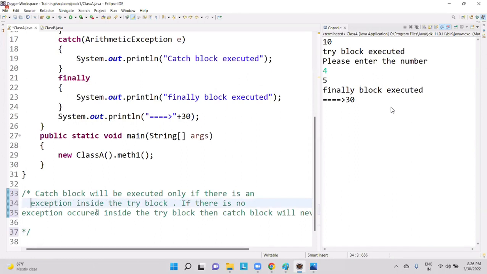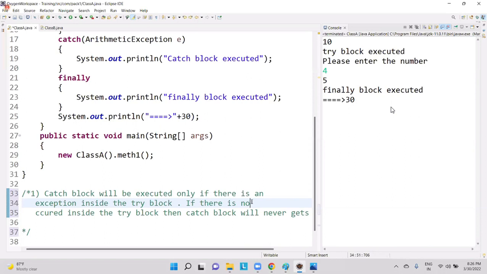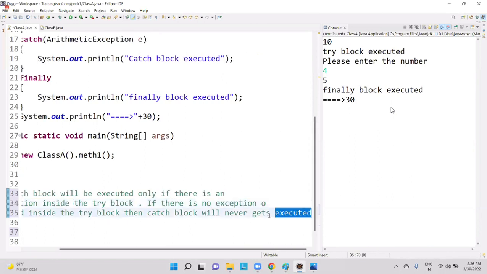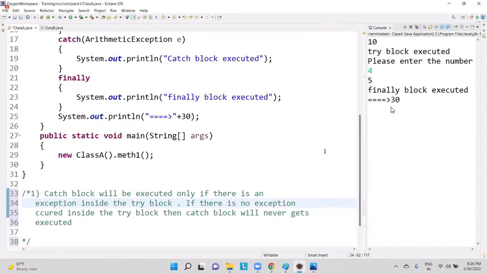Just like a small note kind of point. Catch block will be executed only if there is an exception inside the try block. If there is no exception occurred inside the try block, then catch block will never get executed.